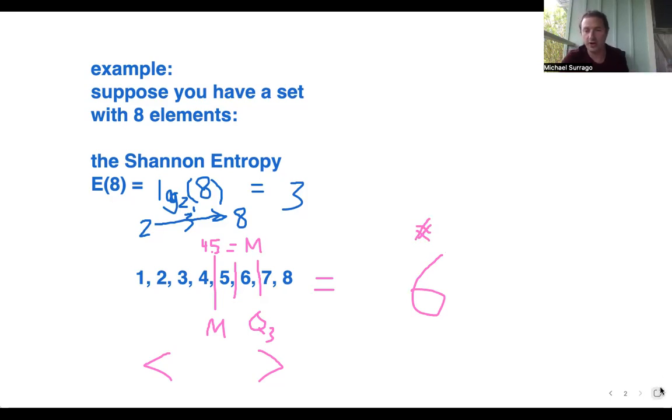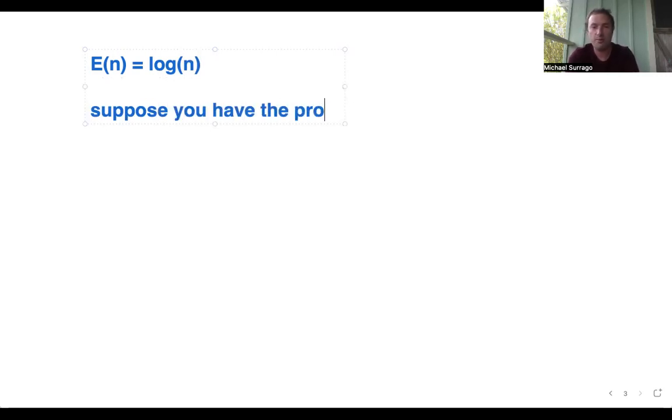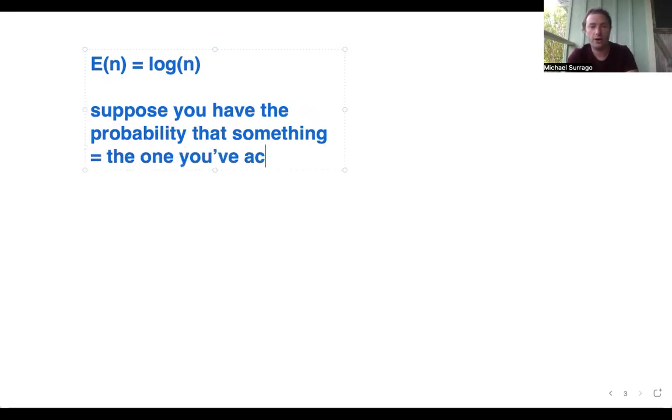Now I want to teach you another way of understanding entropy. As we established, the entropy, I'm just going to write log from now on, is the log base 2 of n. But suppose you have the probability that something equals the one you've acquired.